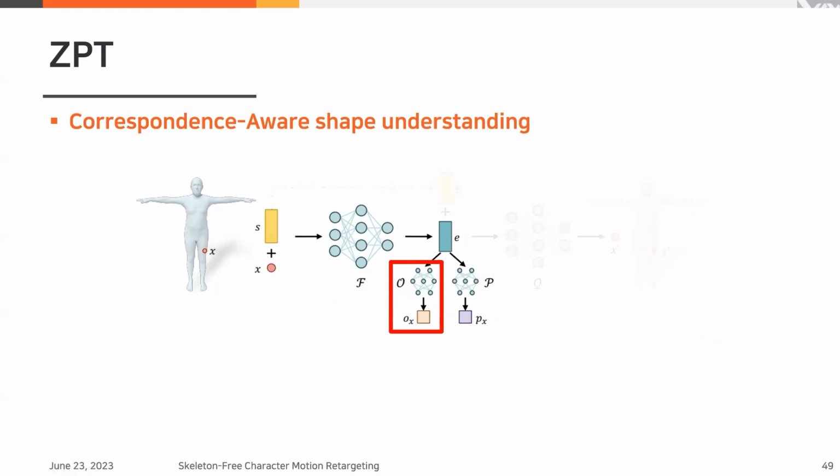And using embedding E as a condition, they also train the model to predict occupancy, which indicates if the query point is inside or outside the body surface, and the part label for each surface point.